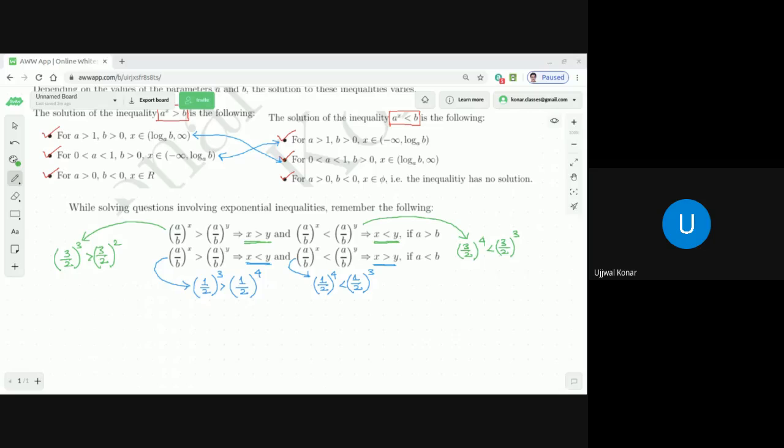So now the first question we are going to do is something like this, that we need to solve an inequality. Let me first pull the question here.